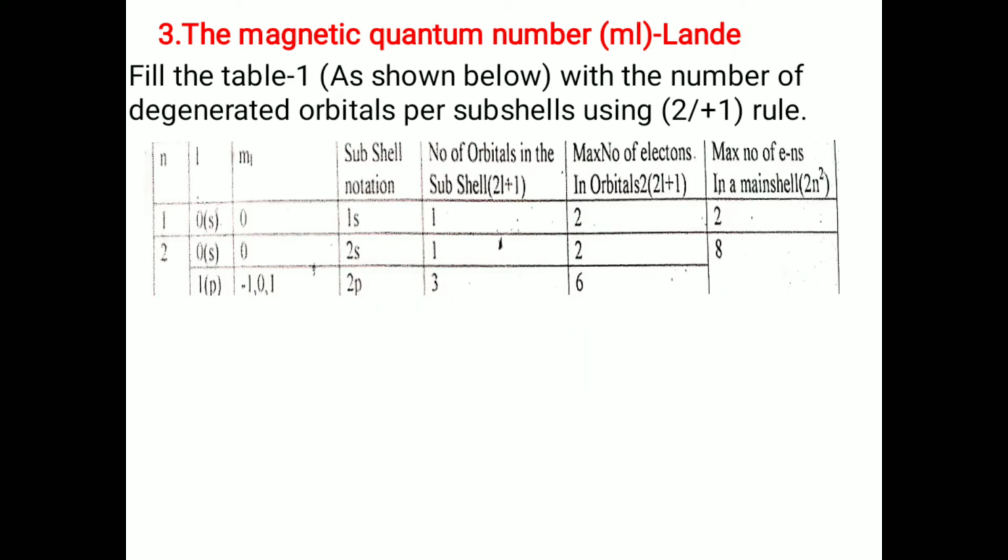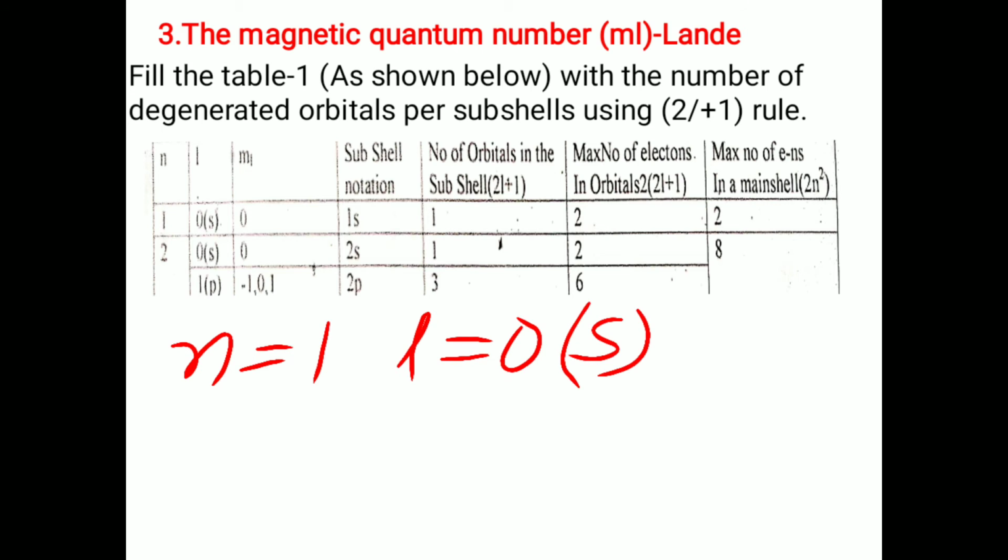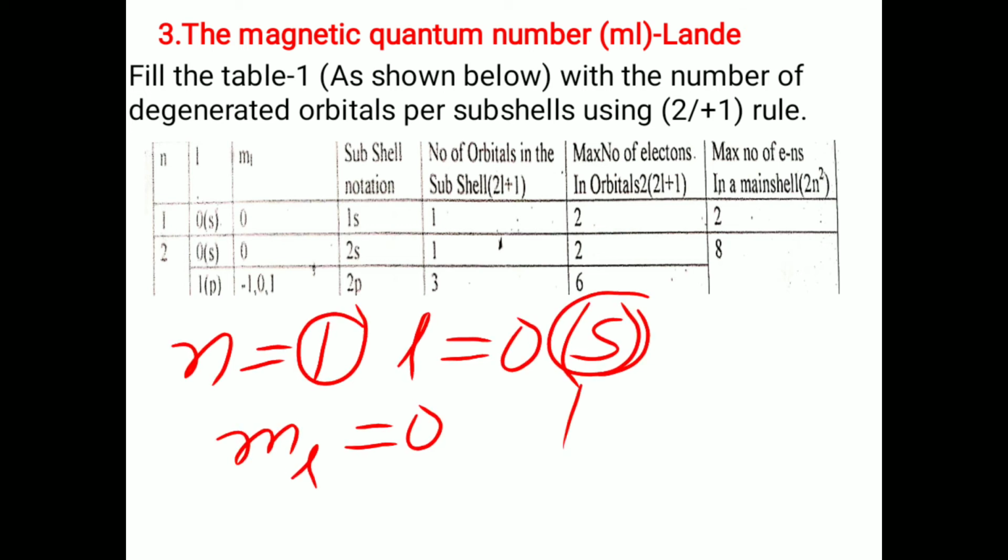Let us fill the table. When n is equal to 1, then L is equal to 0, which is represented as the s subshell, and the ml value for L equals 0 is 0, and the subshell notation is 1s.